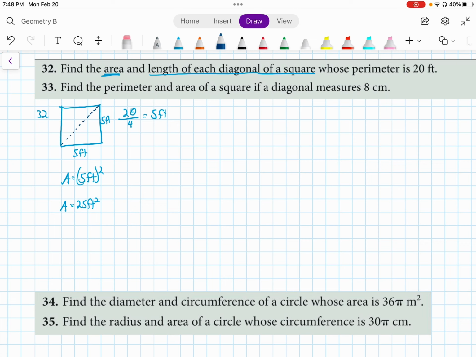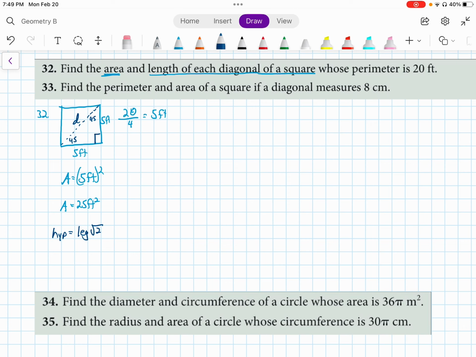I think the easiest is going to be to realize we have a 45, 45, 90. And in a 45, 45, 90, let's call this D for diagonal, D is the hypotenuse. We know that the hypotenuse equals a leg times the square root of 2.